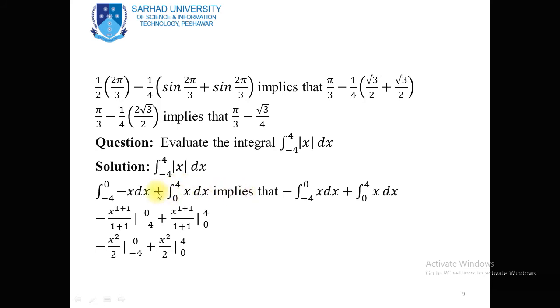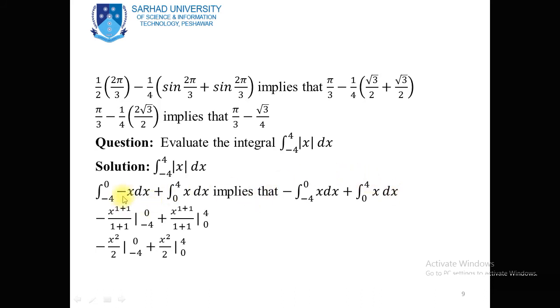And this implies minus integration from minus 4 to 0 of x with respect to x, and the integration of plus x from 0 to 4 of x with respect to x.